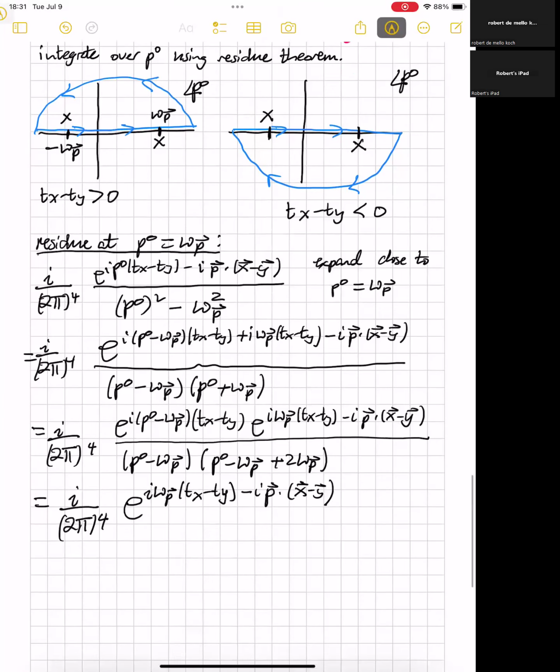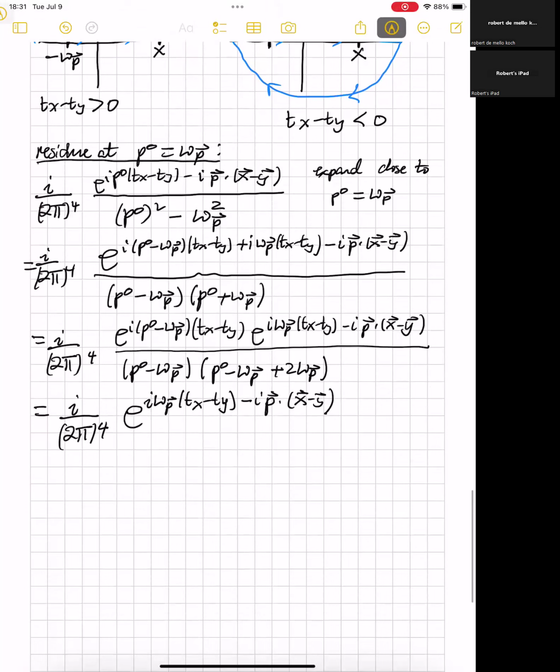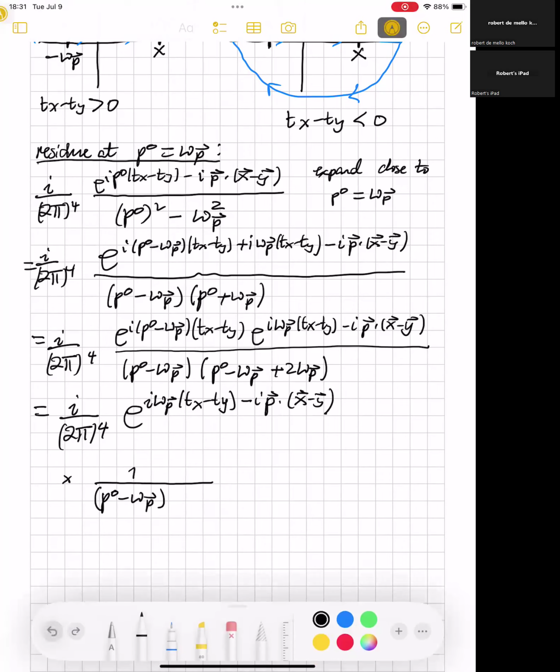Then I have got times by, we're going to have 1 over P naught minus omega P. We're going to have the second bit of the exponential that I didn't include yet. So in fact, let me put that in a different color. I want to make that clearer.